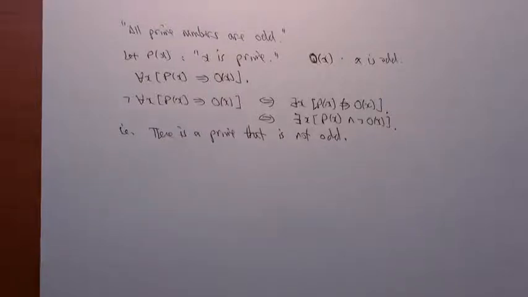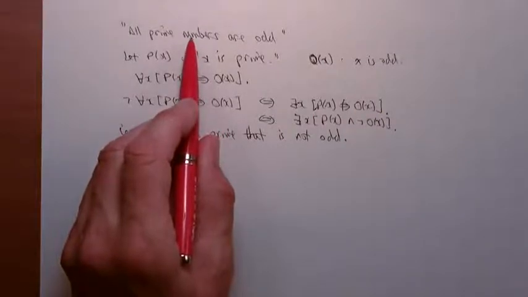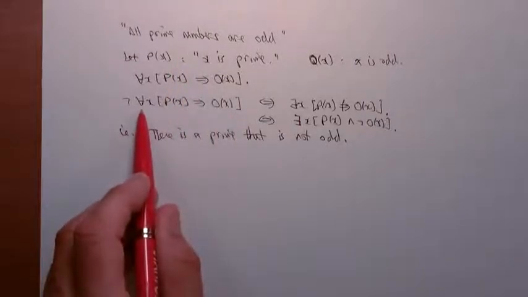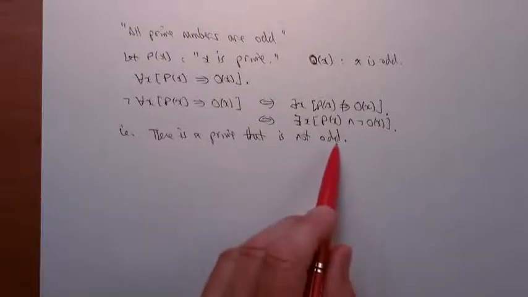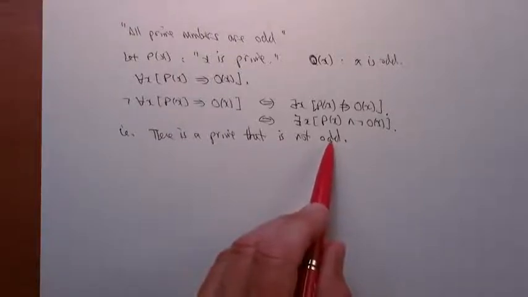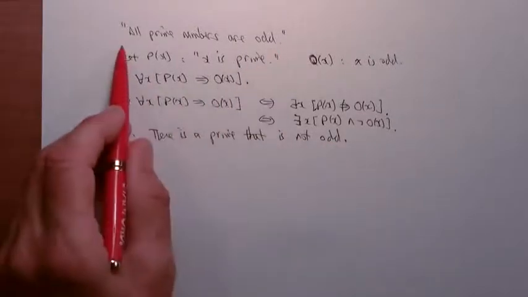So if I want to prove conclusively that this statement is false, which is the same as proving that its negation is true, what I need to do is demonstrate that there is a prime that's not odd. And in this case, that's immediate. We just pull 2 out of the hat, observe that 2 is prime and it's not odd, therefore the negation is true, the original statement is false.